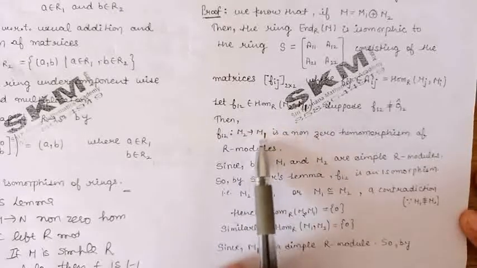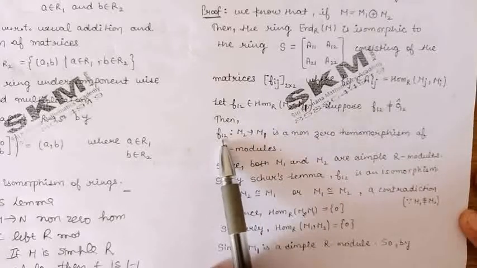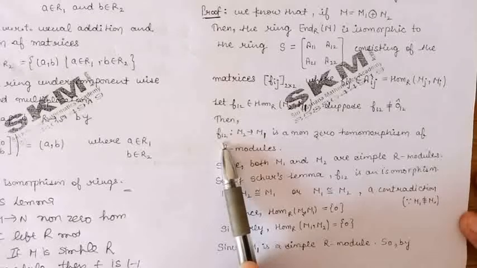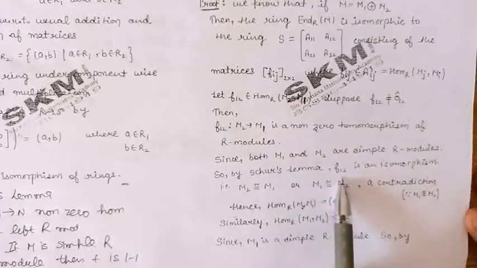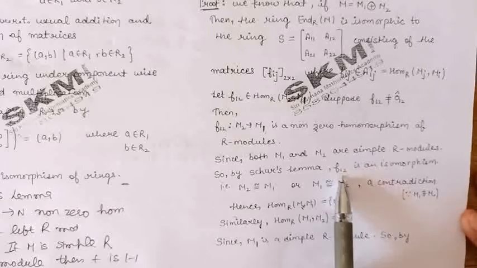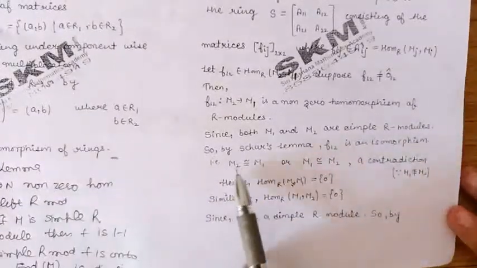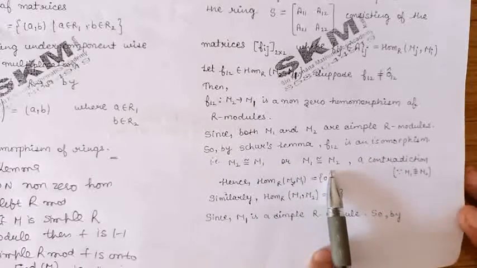Also M1 is a simple R module, so by Schur's lemma, this non-zero homomorphism will be onto. Now this non-zero homomorphism is 1-1 as well as onto, and therefore we can say that this mapping F12 is an isomorphism. It means M2 is isomorphic to M1, or M1 is isomorphic to M2.